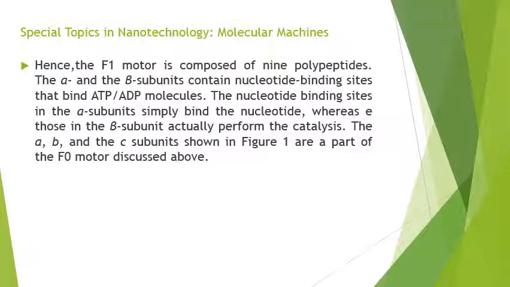The nucleotide binding sites in the alpha subunit simply bind the nucleotide, whereas those in the beta subunit actually perform the catalysis. The a, b and c subunits shown in the figure are part of the F0 motor, that is discussed above. Now we'll see some other motors.